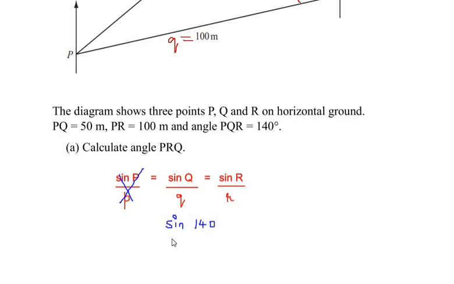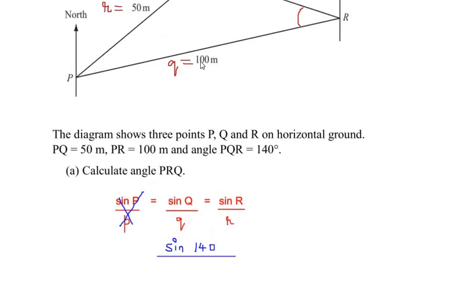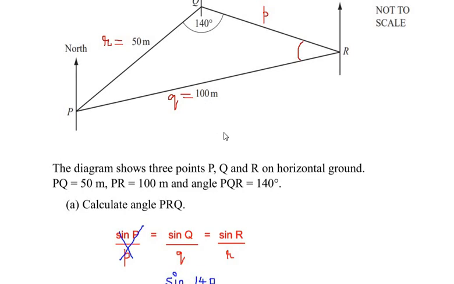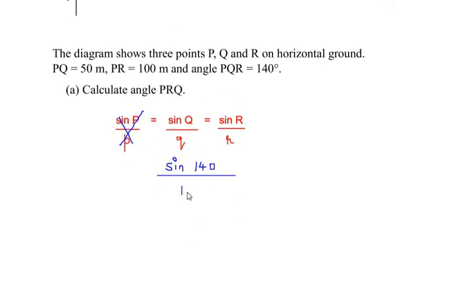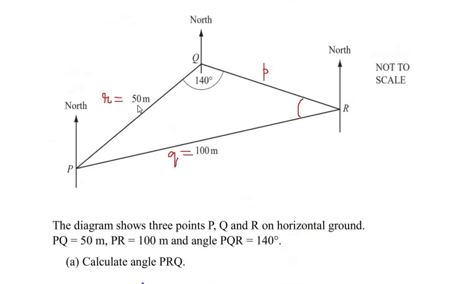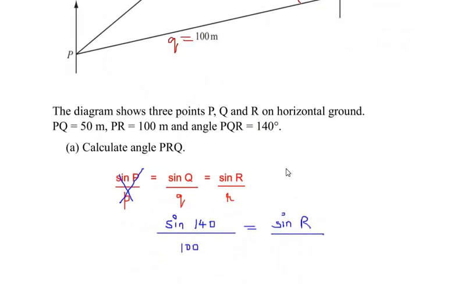So sine of 140 divided by its opposite side is Q, which is 100 meters, is equal to sine of angle R. That is what we need to find out here. So we'll keep it as sine of angle R. And opposite to the angle R, its side is given as the value 50 meters. So let us substitute here 50.